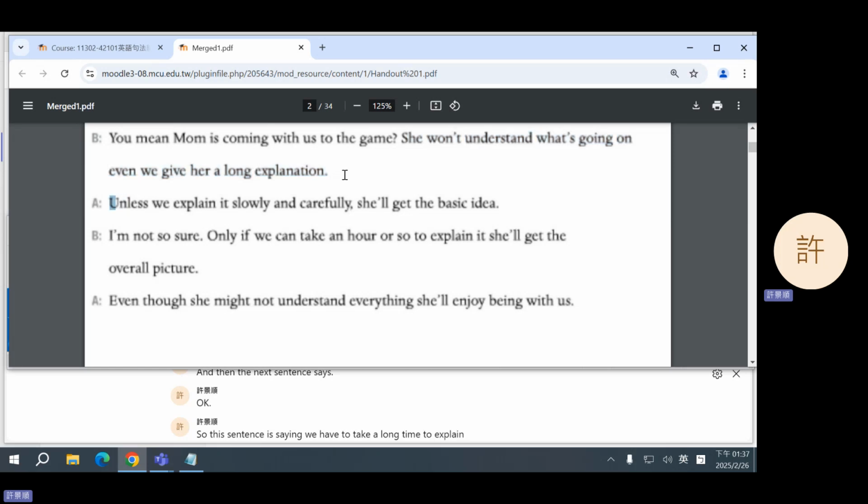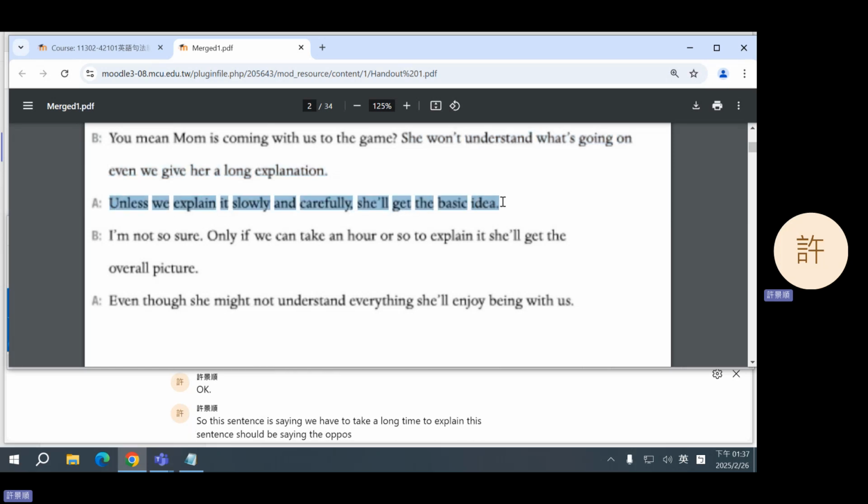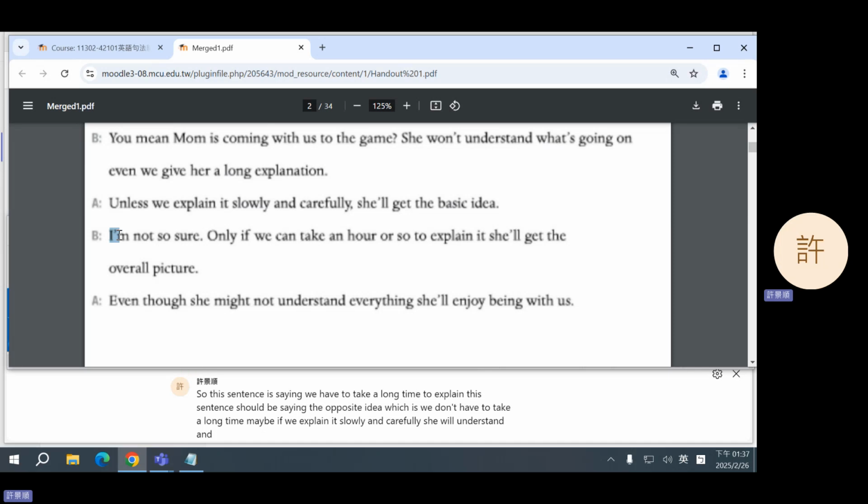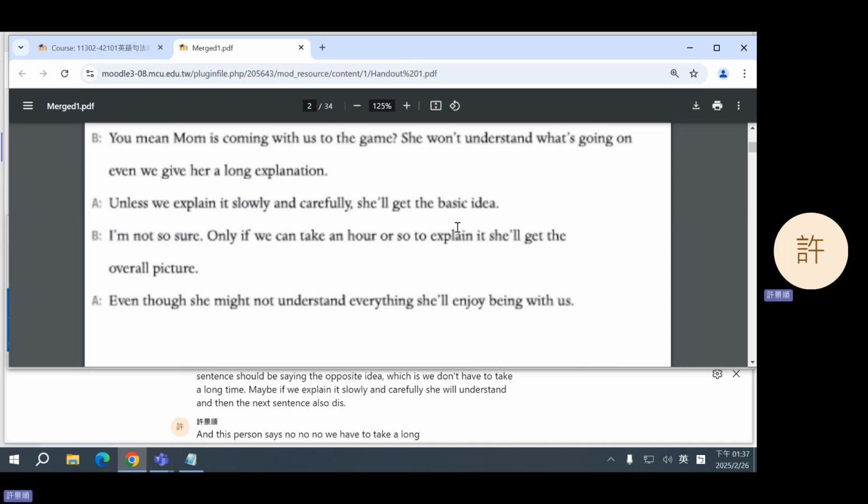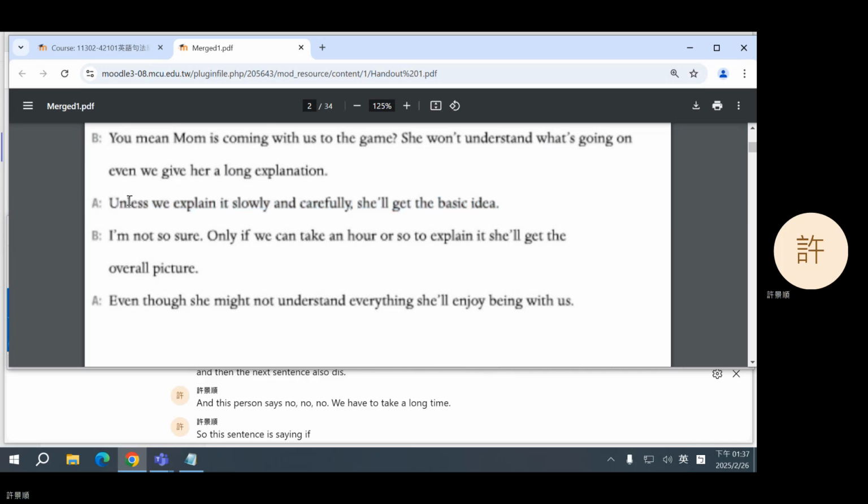This sentence should be saying the opposite idea, which is we don't have to take a long time. Maybe if we explain it slowly and carefully, she will understand. And then the next sentence also disagrees. And this person says, no, we have to take a long time. So this sentence is saying, if we explain it slowly and carefully, she'll get the basic idea.